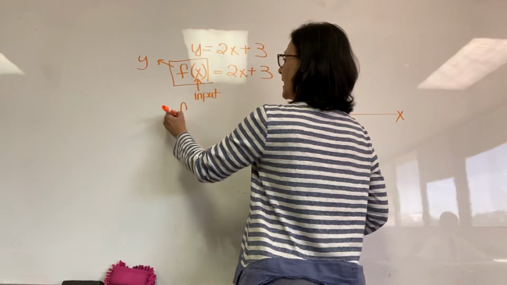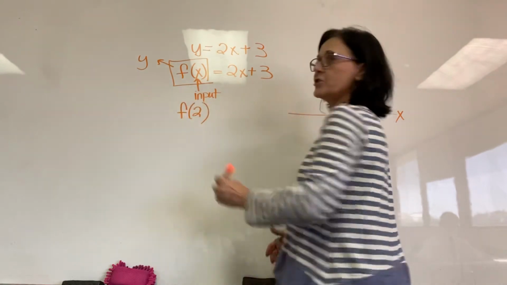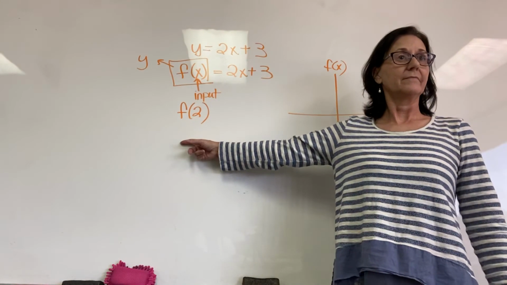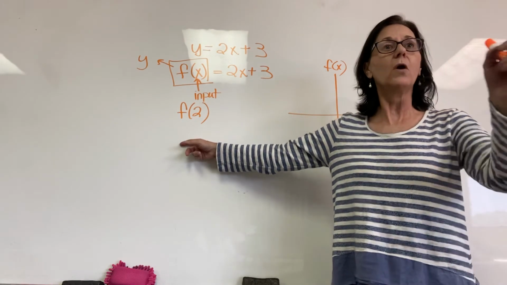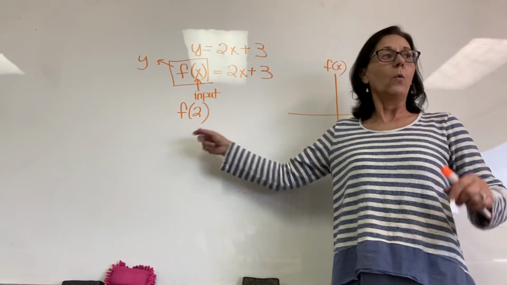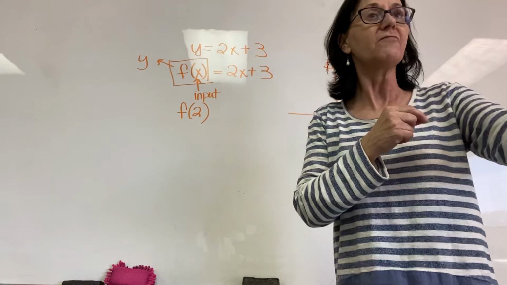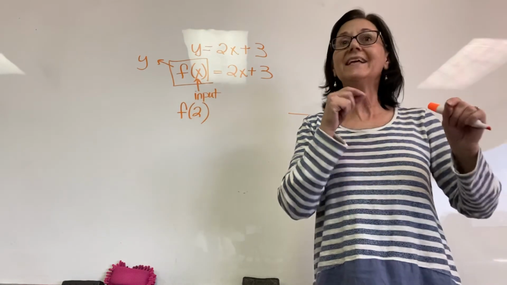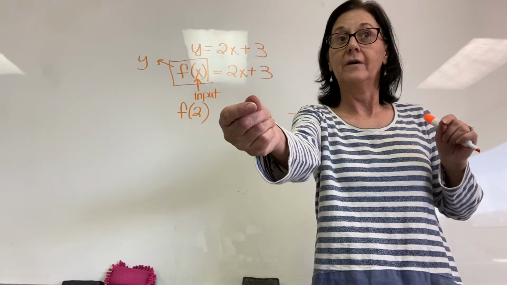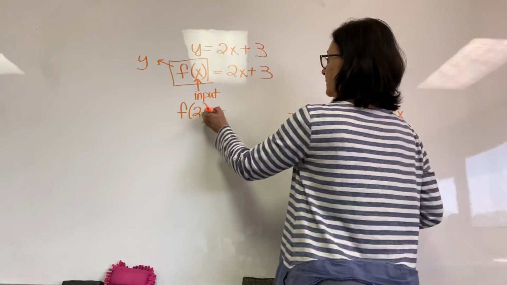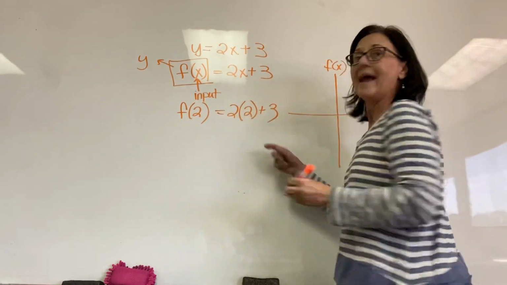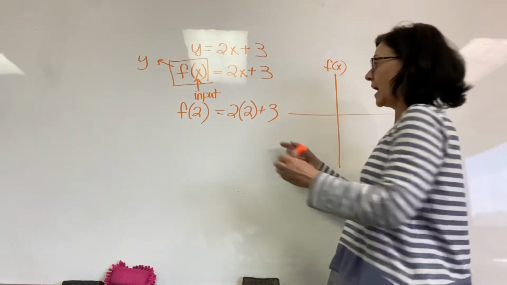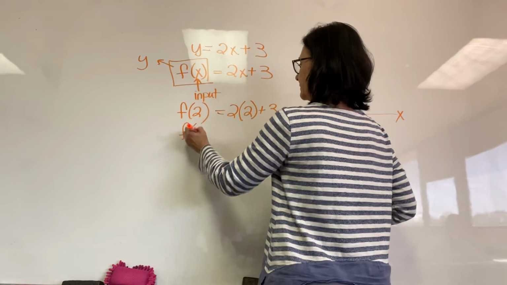So if I say, what is f of 2? If I ask you, what is f of 2? Here's what we're asking. When I plug in x to this function, what is the y value? So I plug in 2 where x is, and I solve for it.